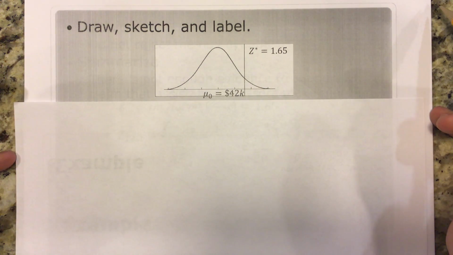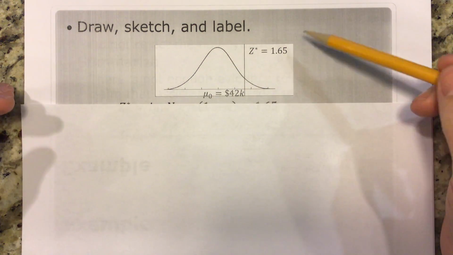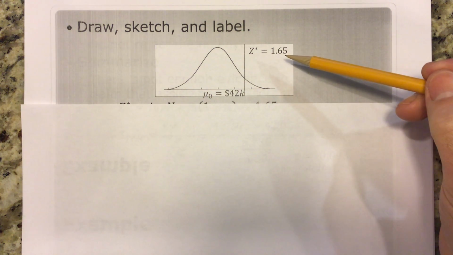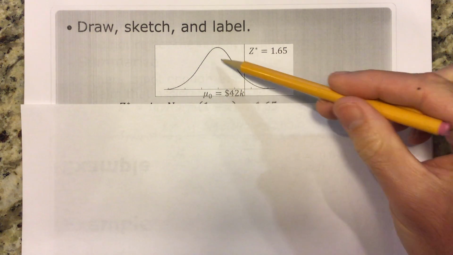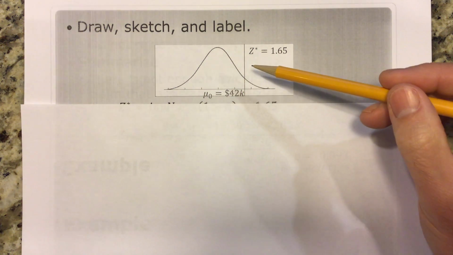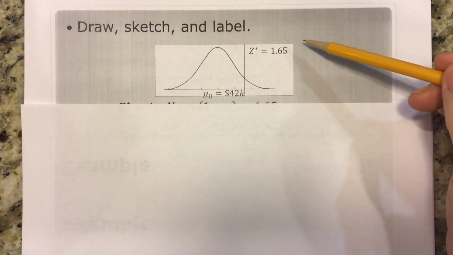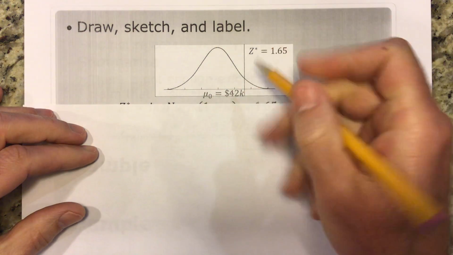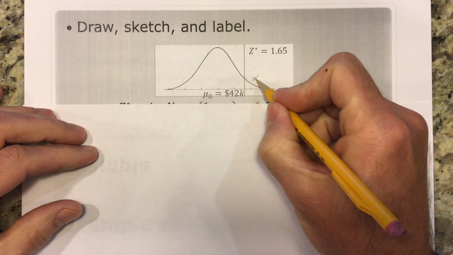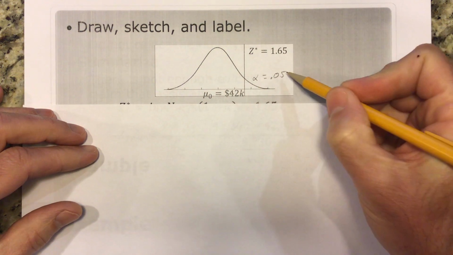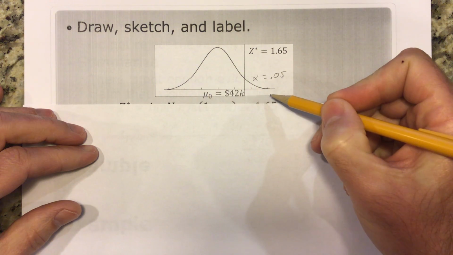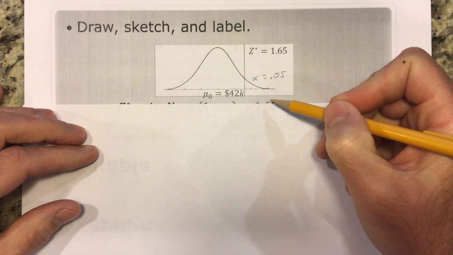Now, I didn't mention this yet: you can compare z's. You can ask how many standard deviations above the mean you have to be to hit that level of evidence where there's only 5%. This was one-sided, so the alpha is the 5% all above, because our alternative was greater than.